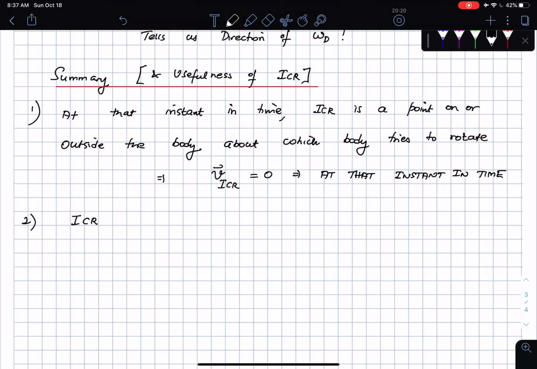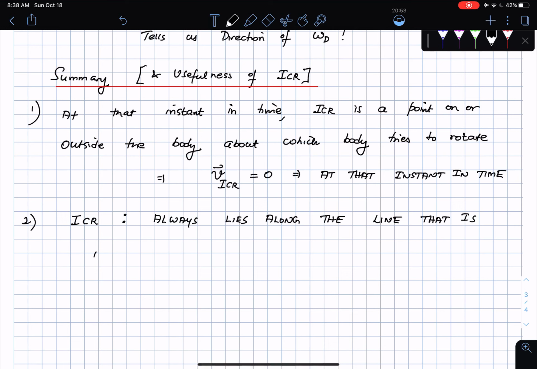Okay, the second thing is that the ICR is always along, let's see here, ICR always lies along the line that is perpendicular to the velocity of any point in the rigid body.